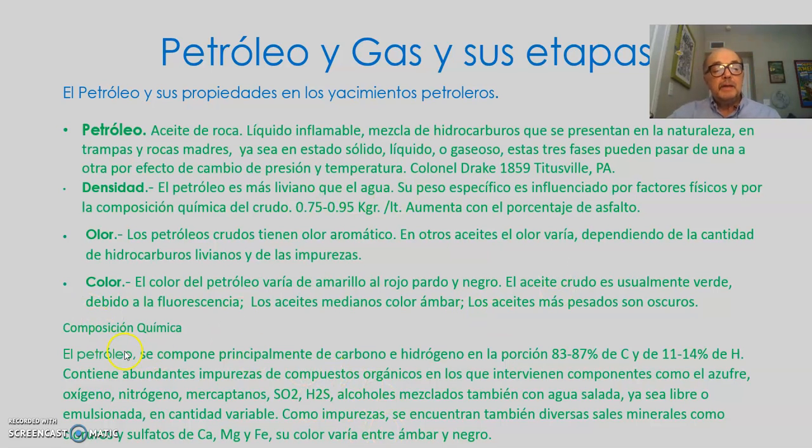The chemical composition is around 85% carbon and 15% hydrogen. Of course, we find some impurities like sulfur, salts, oxygen and nitrogen in the mixture of hydrocarbons.